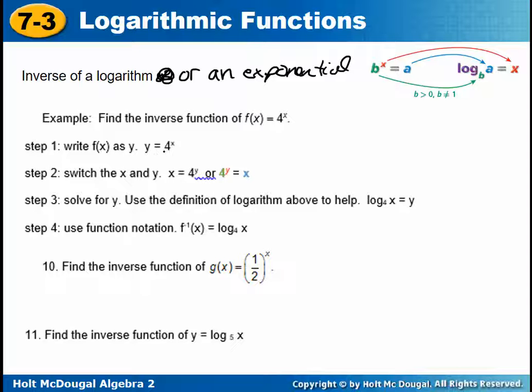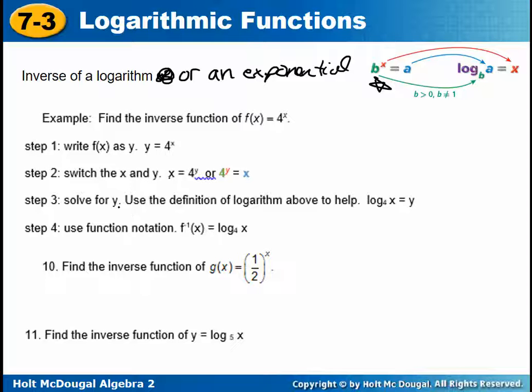So now we have y equals 4 to the x. Second step, switch the x and y. Put the x here where the y was, put the y here where the x was. Then I just rewrote it so that on the left side I had 4 to the y, so it matches my format up here. Don't have to do that step, but it kind of helps me keep everything straight. And I color-coded it so we could match up what is a, what is b, what is x.